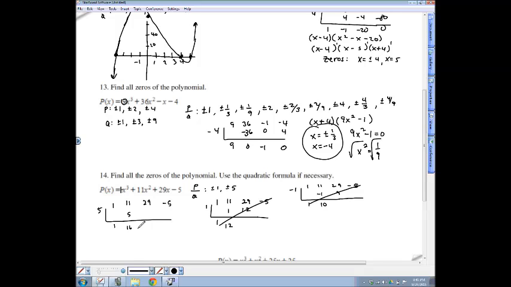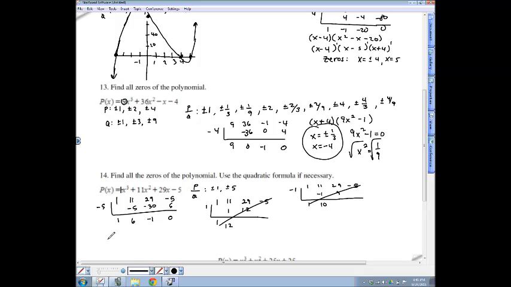Okay, this isn't looking good either. We could try -5, and hopefully -5 is working. There we go, first try.